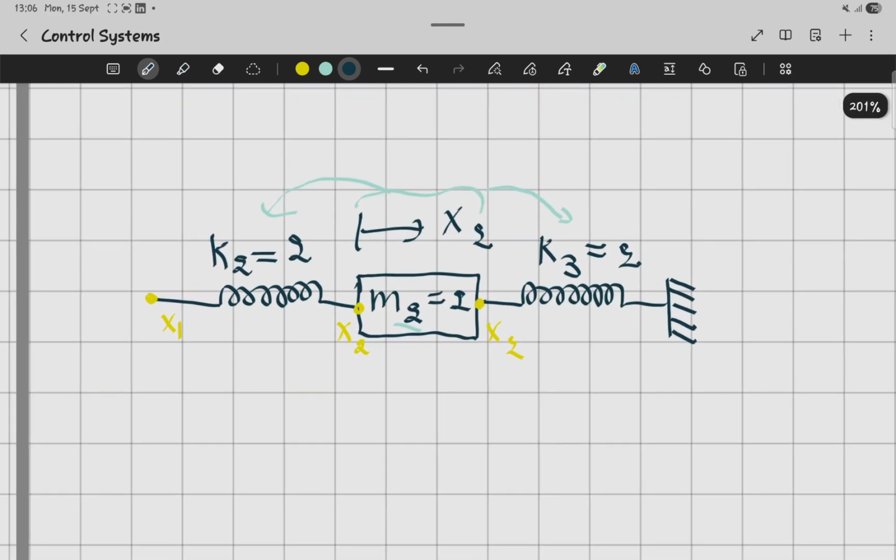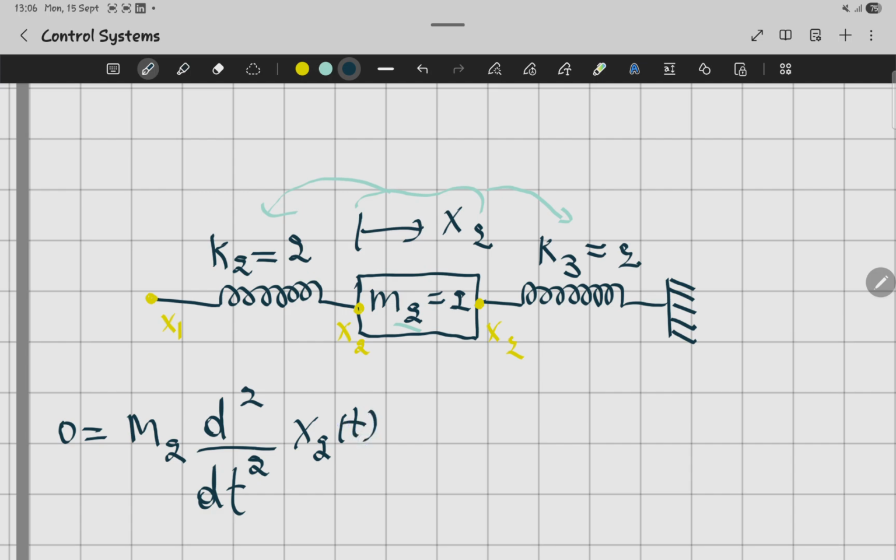And what about this one? You're going to have 0, since we don't have any ft. The equation is going to be 0 equal to m2 d square dt square x2 of t plus k3 times x2 of t plus k2, which is the one close to the mass, so it's going to be the first one, minus the one that is far.